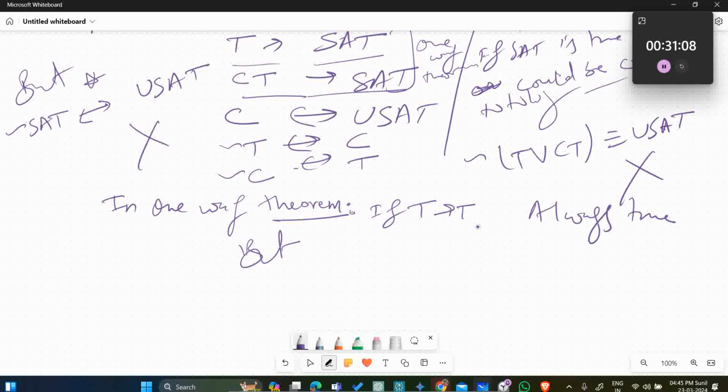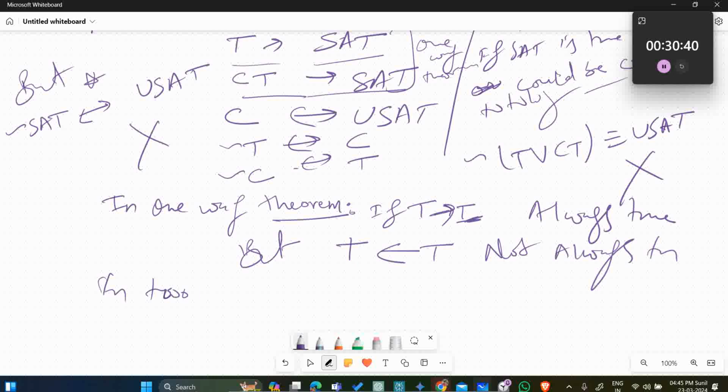In the two way theorem, if true is true, then true implied by true is also true.